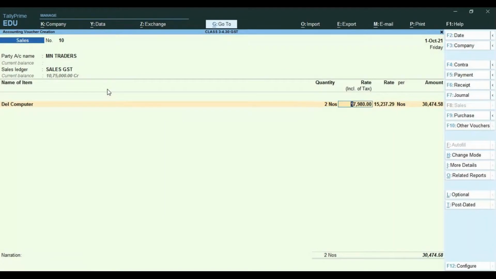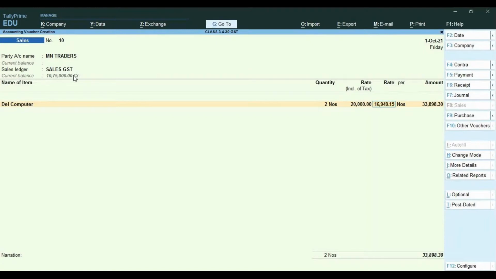For example, if I'm giving this as 20,000 with the tax, then see 16,949 is my price per unit. Is that clarified with everyone?